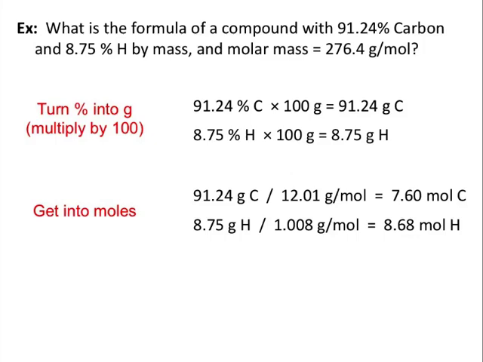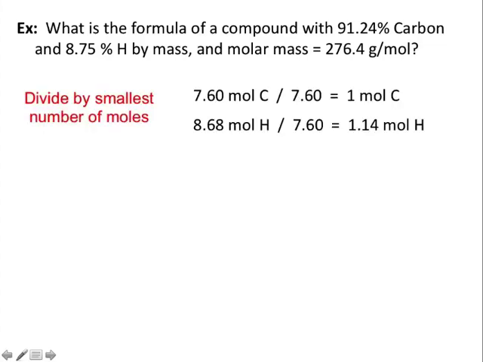So the top one we're dividing by carbon's molar mass, the bottom one by hydrogen's molar mass. And if you look at these answers, it's not very clear what the mole ratio is between the two. So in the next step, divide each of these by the smallest number of moles, and you'll get a 1 to 1.14 ratio. We need to do some work in order to convert these to integer ratios.